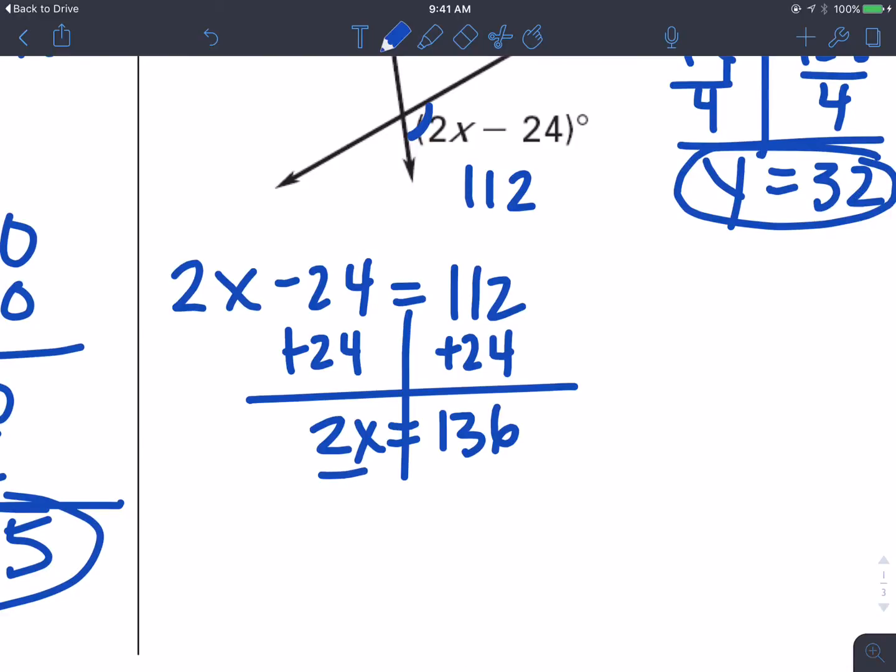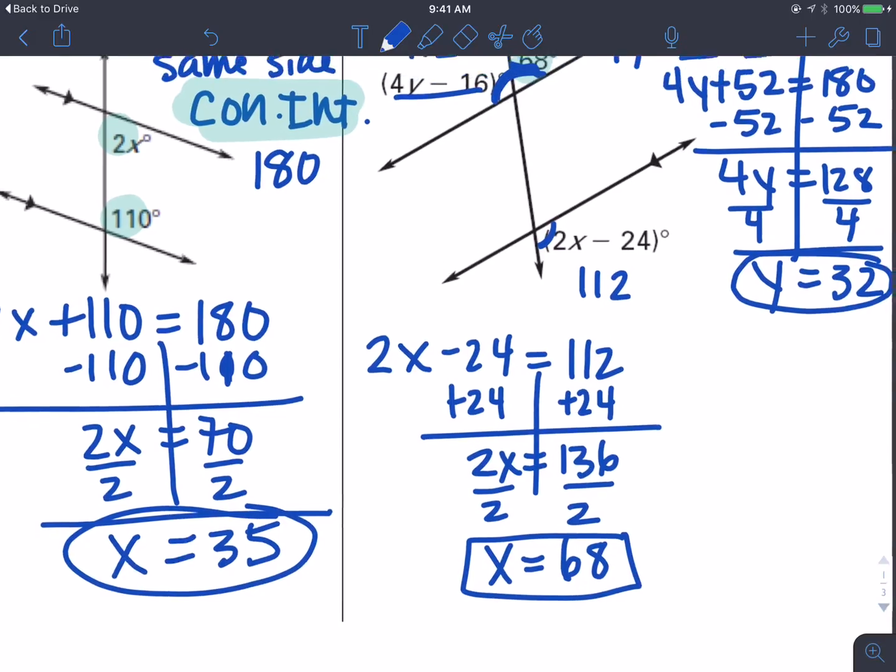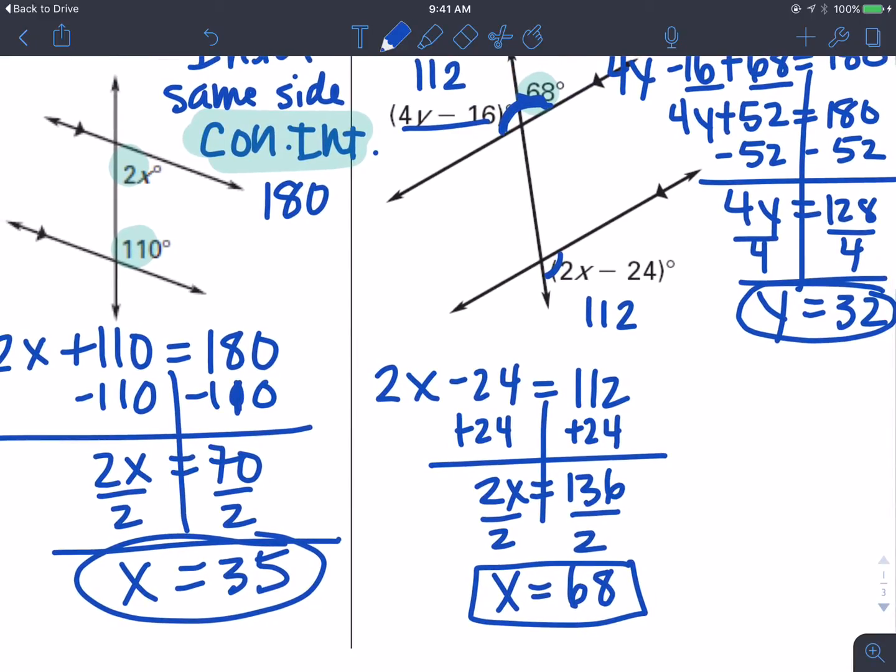And then divide out that 2. X equals 68. All right, and that is just coincidence that we got that same number as the angle up above.